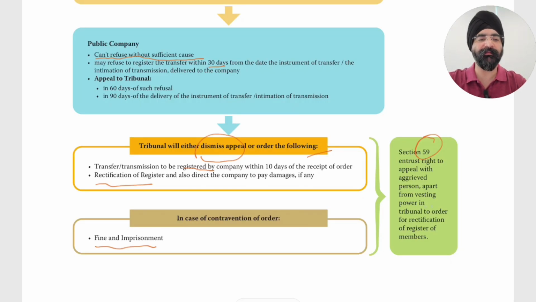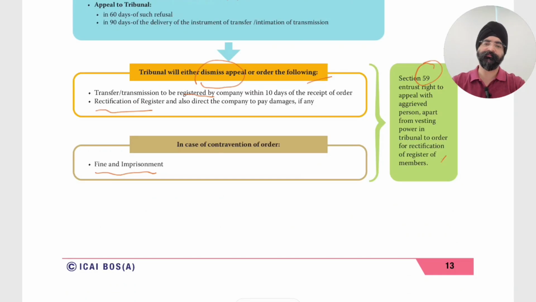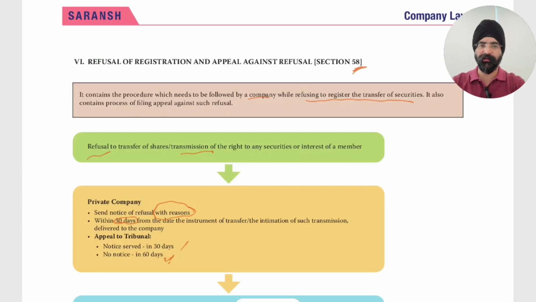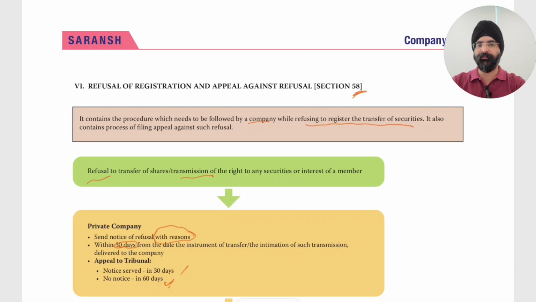Apart from vesting power in tribunal to order for rectification of register of members, that is available, and that right to appeal by the aggrieved person is given in section 59. So this we complete transmission, this we complete refusal to register and appeal against refusal.